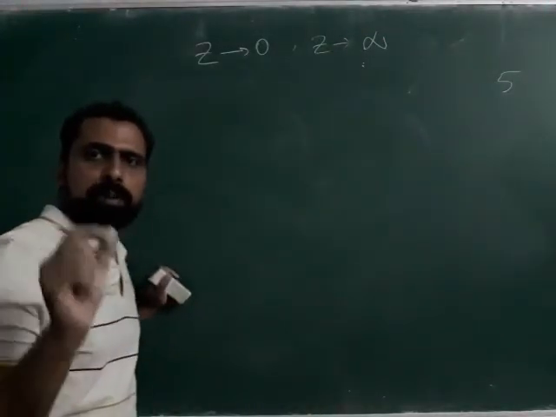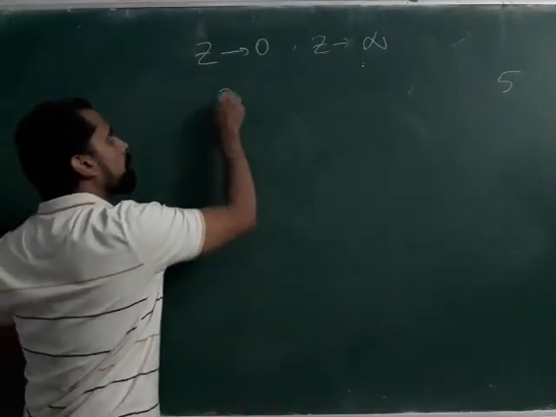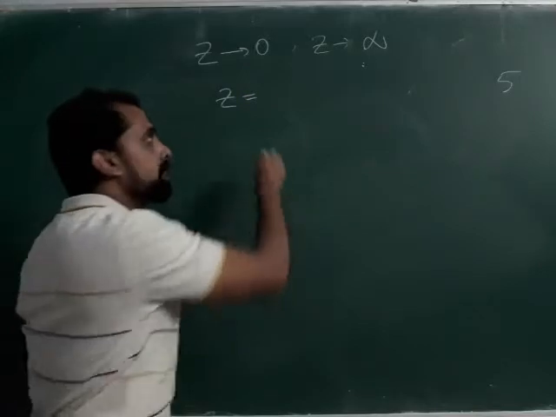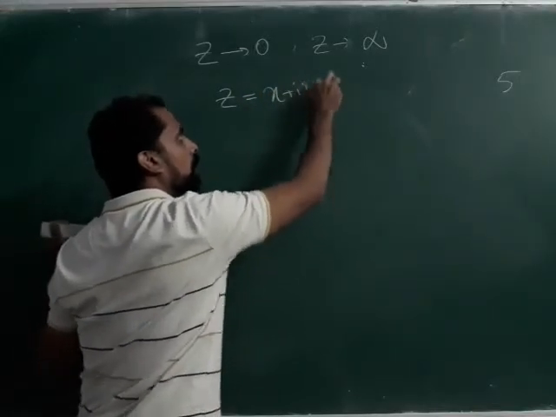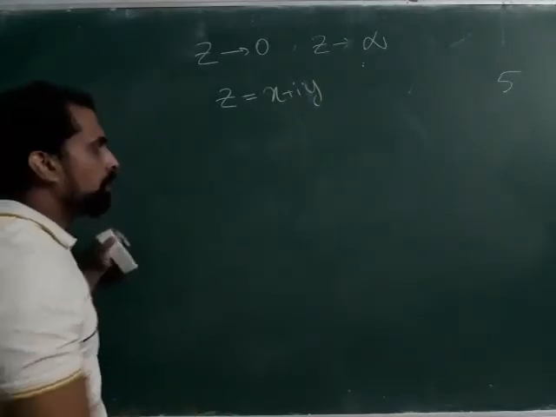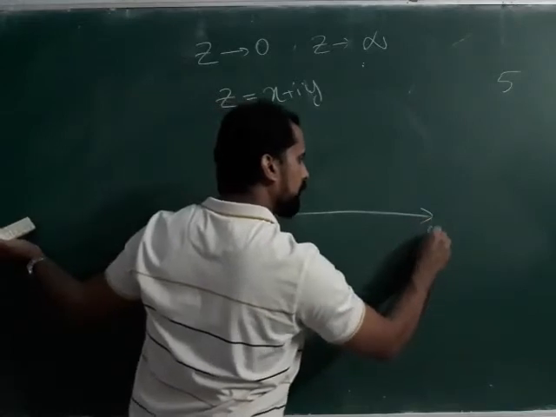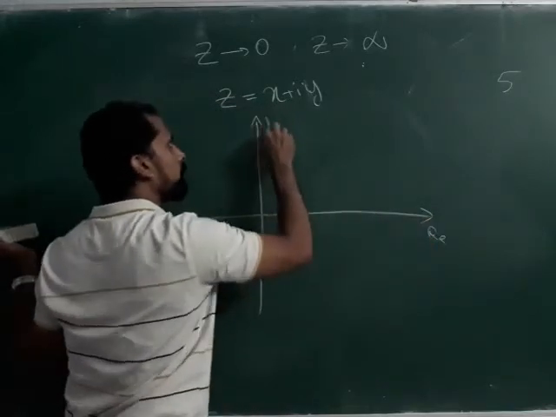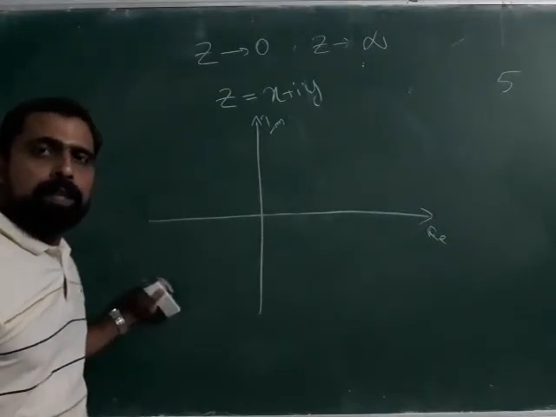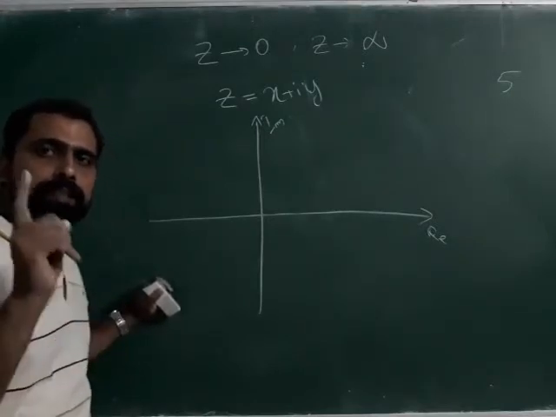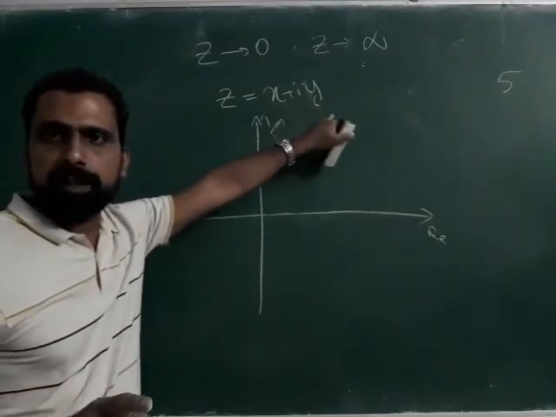Because our problem arises in this way, because z is equal to x plus iy. Now you take a complex plane. So this is your real and this is your imaginary. Where is your z located? Z is located based on the value of x and value of y.